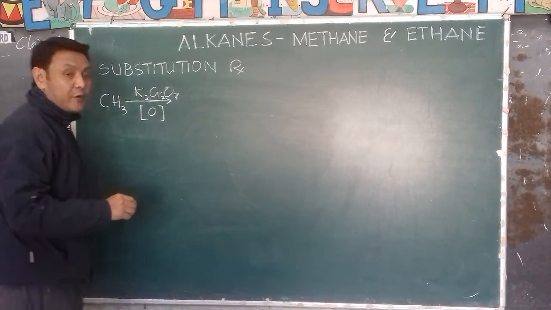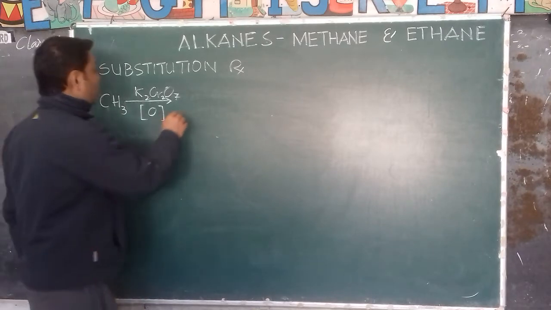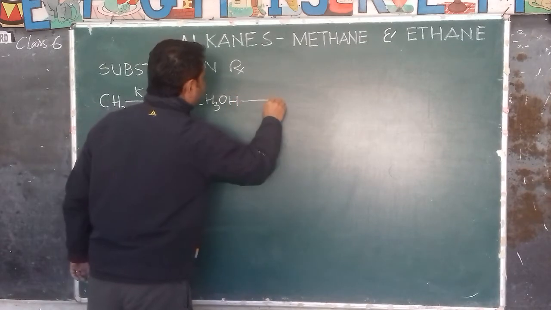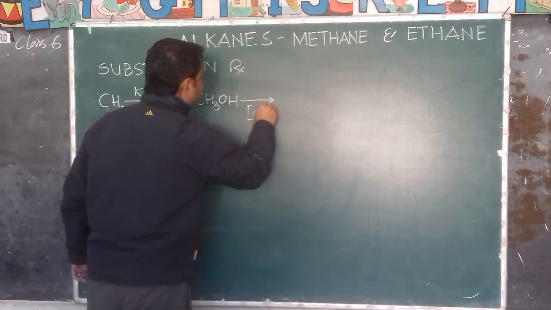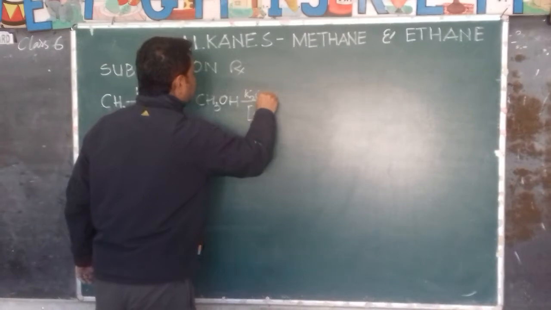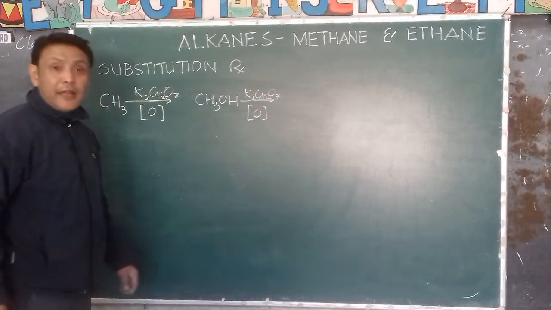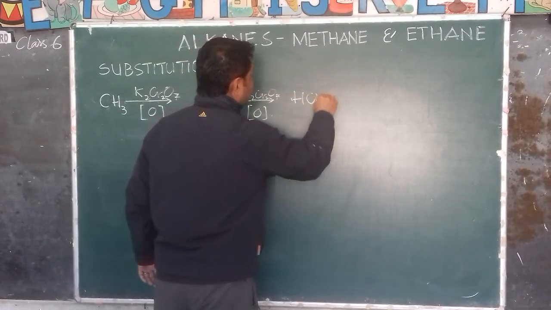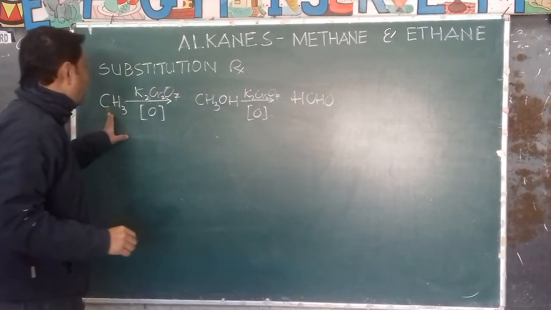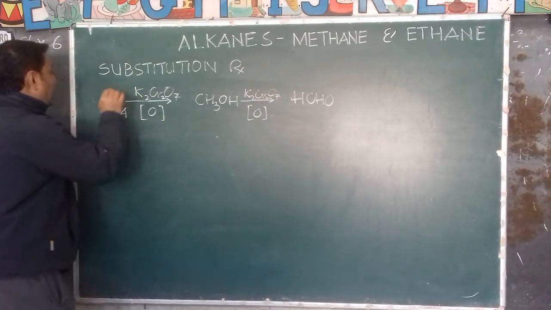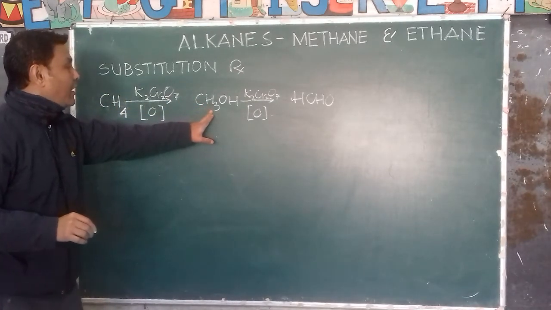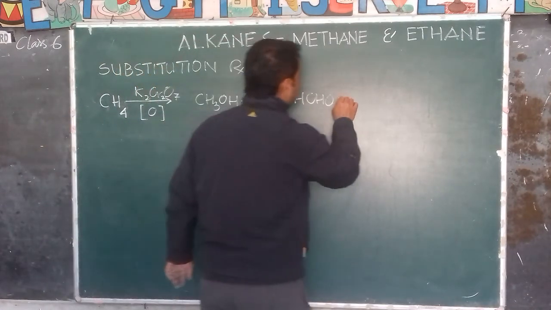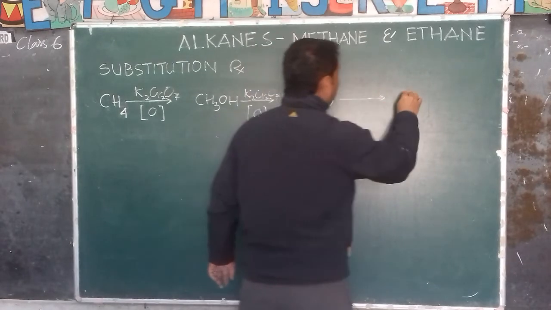Then the first product will be alcohol, so CH3OH. Further oxidation in the presence of potassium dichromate gives HCHO. Methane becomes methanol, methanol becomes methanal, methanal becomes methanoic acid.